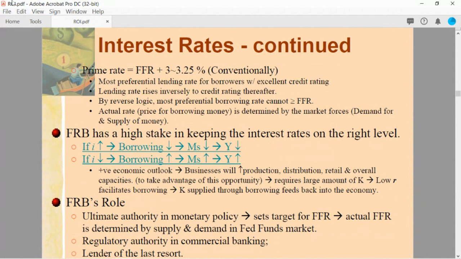During the recession, who is expending? Because you will expend only when the economic outlook is very positive. Isn't that right? If you expand but the demand is very slow, then your expanded production capacity will just be idling, right?